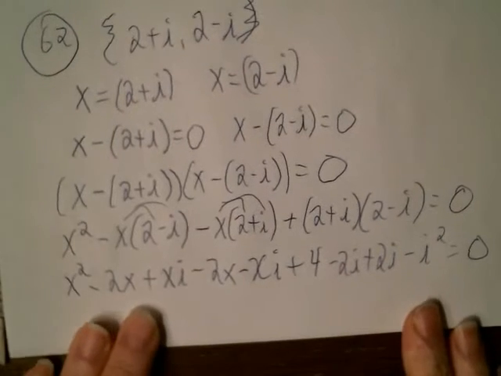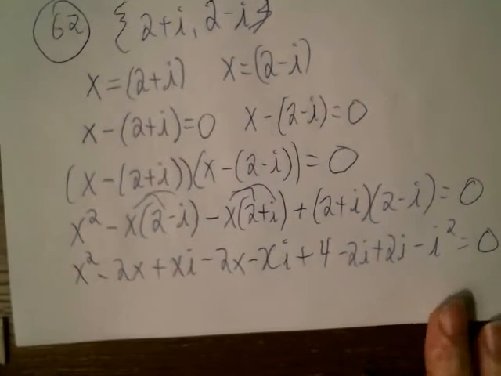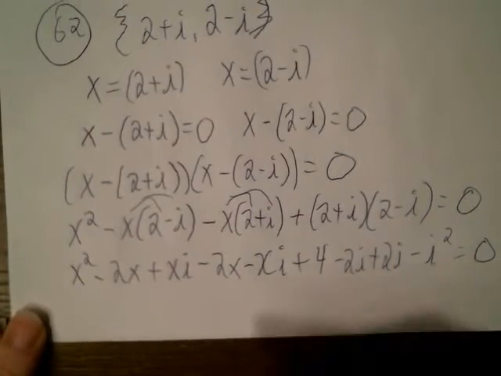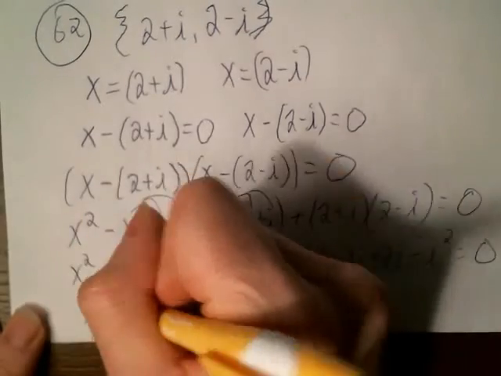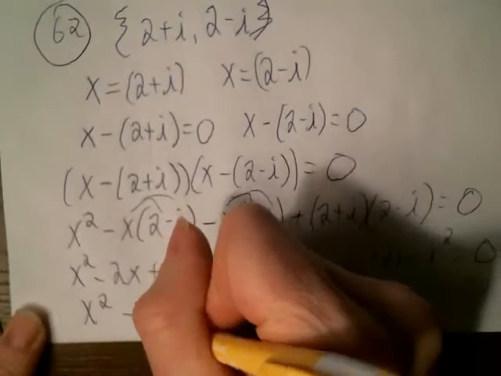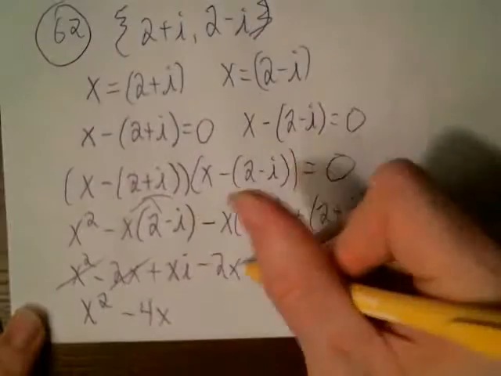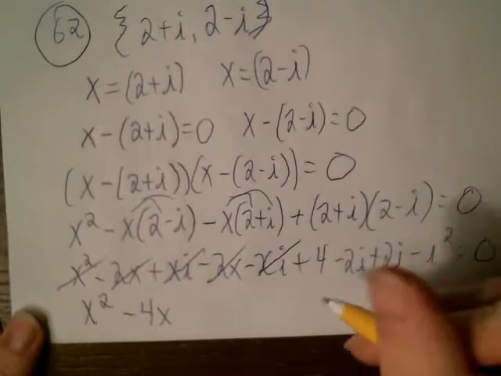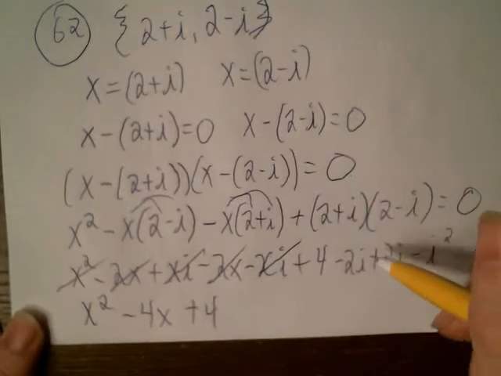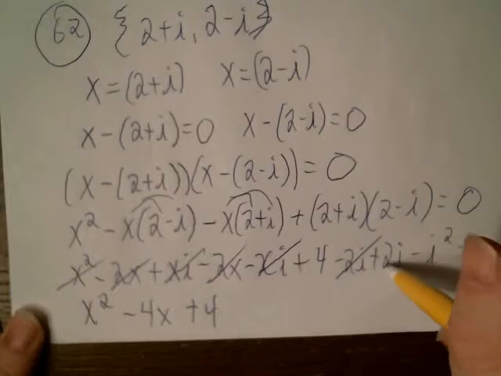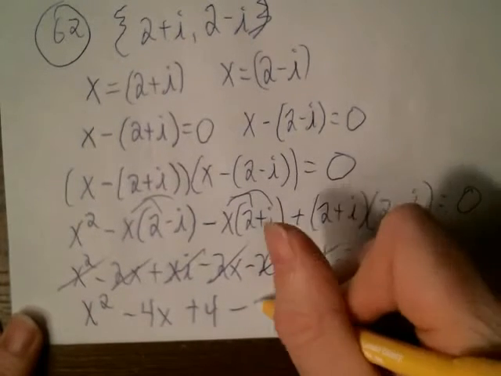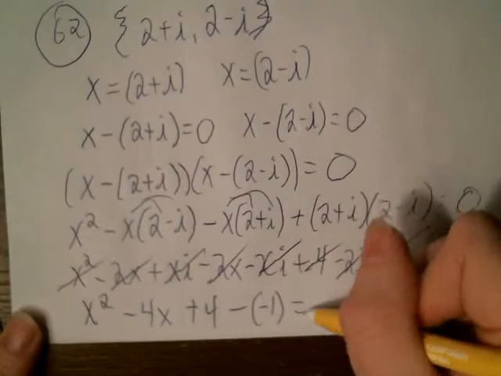The weird thing is you have these imaginary solutions, but the actual original formula doesn't have any of that imaginary stuff, right? So we have x squared minus 4x, 2x minus 2x, xi minus xi is 0, and then we have a plus 4, and then minus 2i plus 2i is 0, and then minus i squared, and i squared is negative 1.